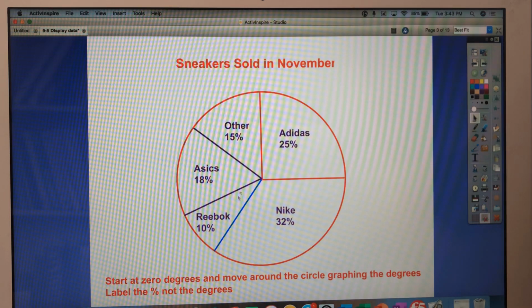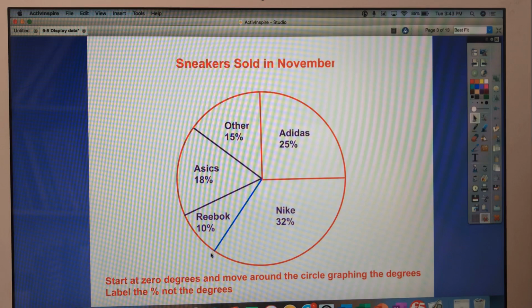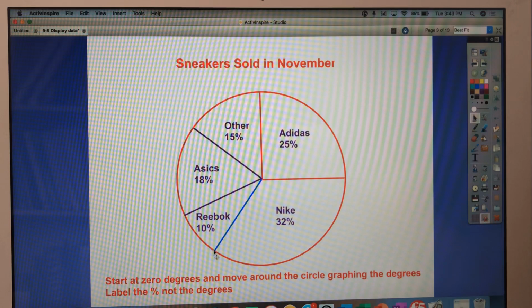The important part is that you have to start at the end of the last segment that you did. You have to start here and use your degrees. By the time you get to the end, remember, you will have 360 degrees and your percentages will add to 100%.